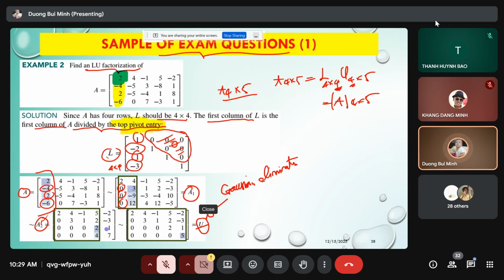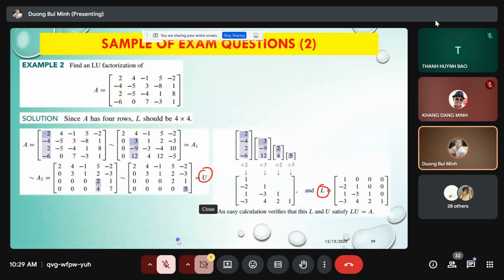After that, this is like an upper triangular matrix, if we exclude the last column. This is the diagonal element, so all elements below the diagonal must be 0. Then we continue.